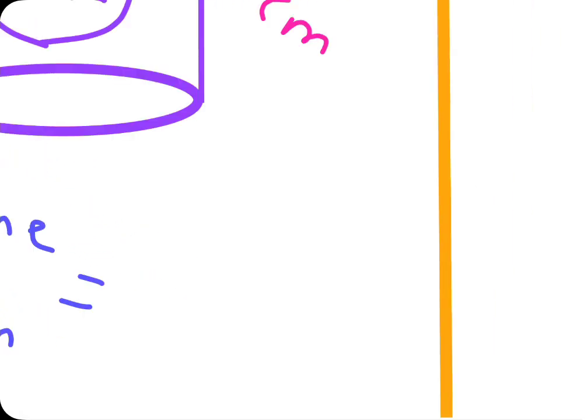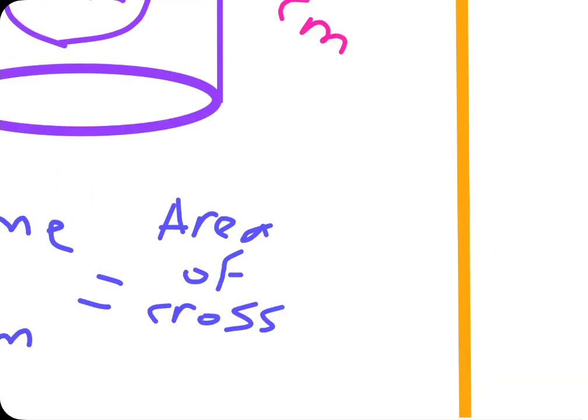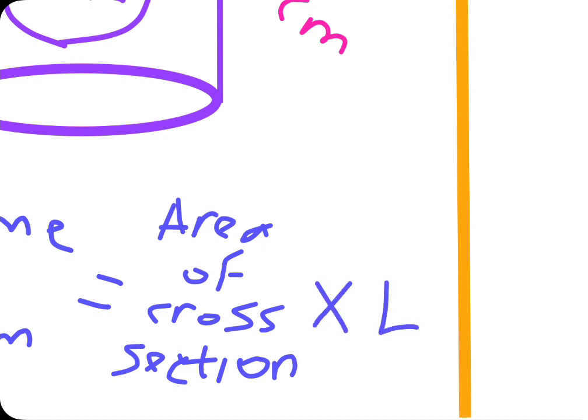Equals area of cross section multiplied by what? Good, multiplied by the length. Very good.